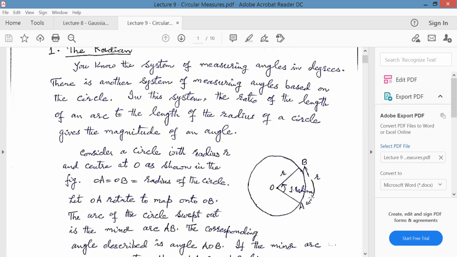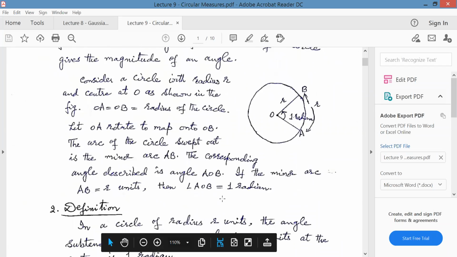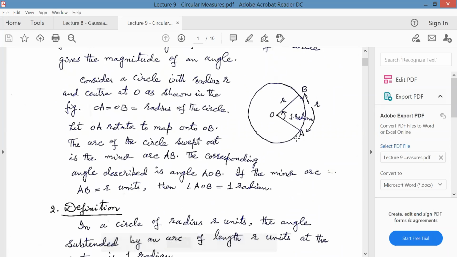And assume that this minor arc AB is equal to r in length. And what is r? You know, it's the radius of the circle. So the corresponding angle is described as AOB. The moment A moves from this position to position B, there is an angle generated in this way, AOB.